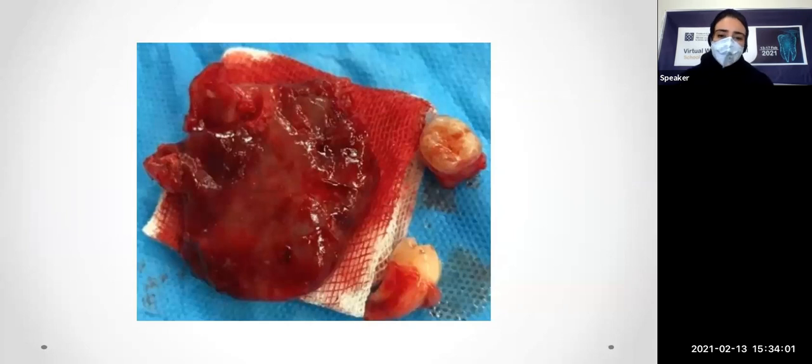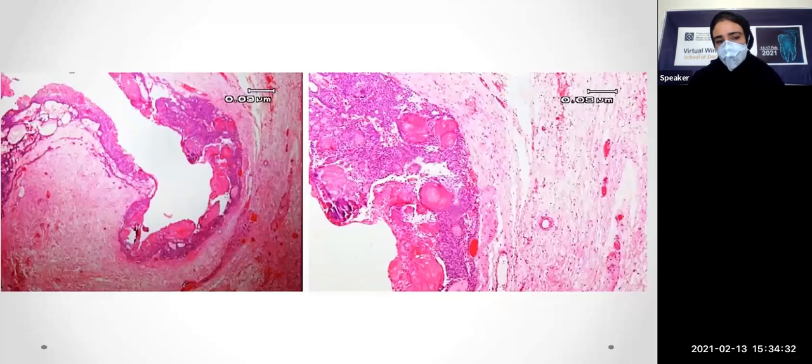Finally, the surgeon referred the specimen to our pathology lab, and this is what we saw: a surgical specimen composed of gelatinous and also dense tissue and 2 extracted posterior left teeth of the mandible.